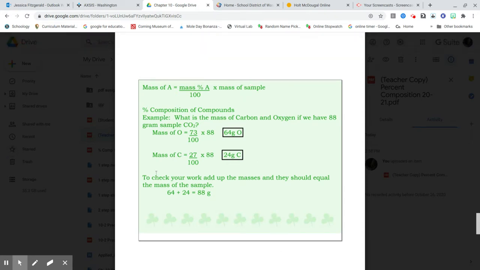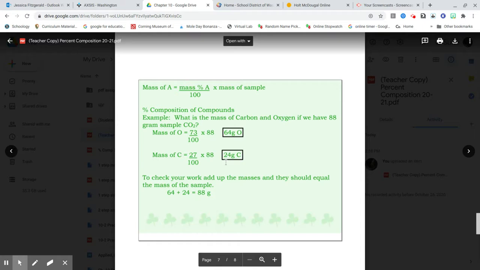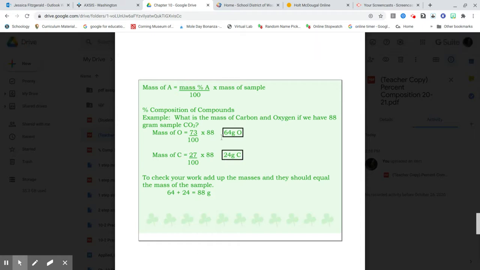For carbon, to find the mass of carbon, I use my percent, which is 27, divided by 100 times the mass of my sample, which is 88. So I get 24. Again, check your masses. 64 plus 24 should equal 88, which is the sample that was given to you.